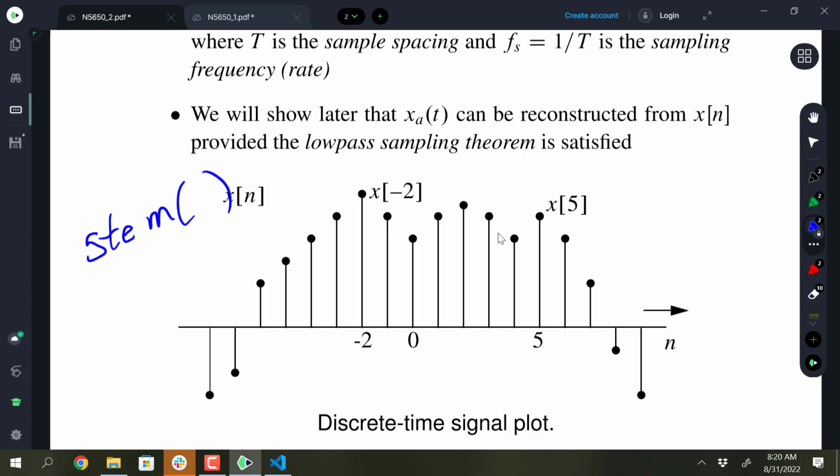However, when you're plotting a discrete time signal that has lots of points on it and you try to plot it with the stem function, it takes a while, and it's just a huge mass of dots with stems, and it's not all that useful. So generally what I would do is just do a regular plot where it connects the dots together.